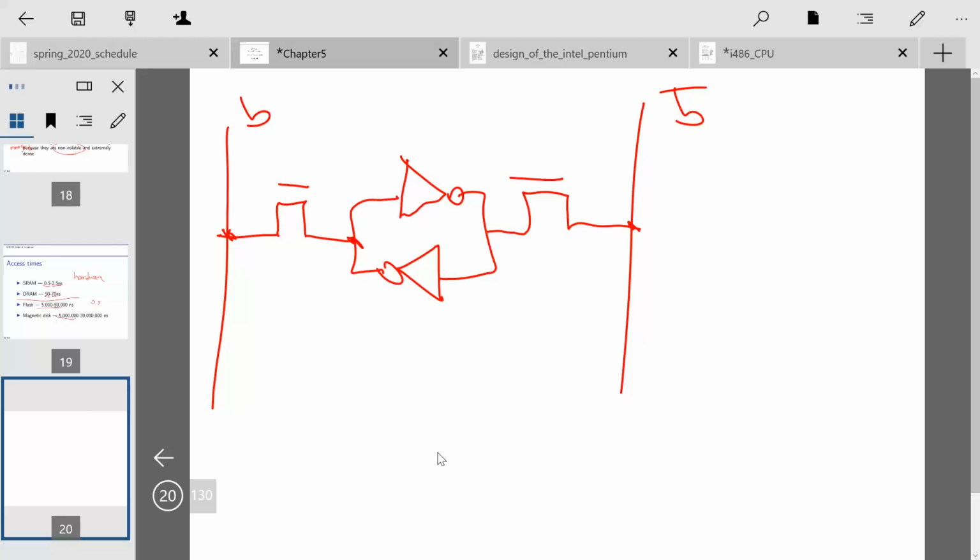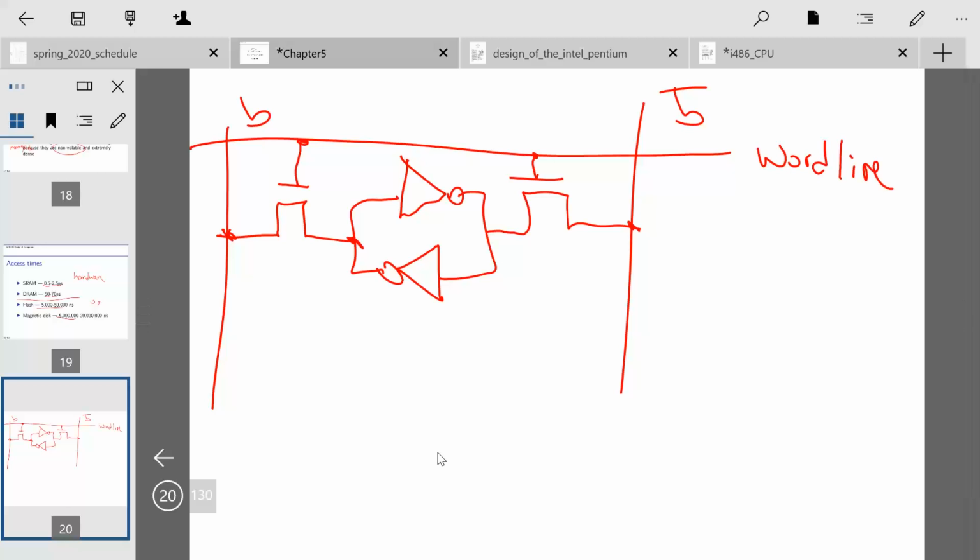And then the gate of our pass transistor is connected to this word line. I should have put a couple of these pages in because I'm going to quickly run out of space.